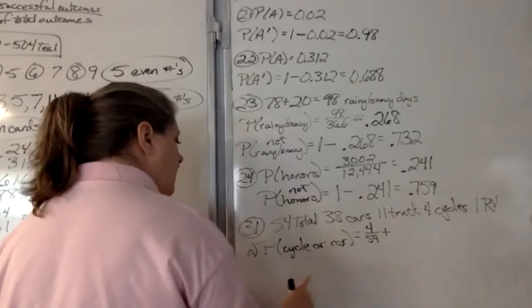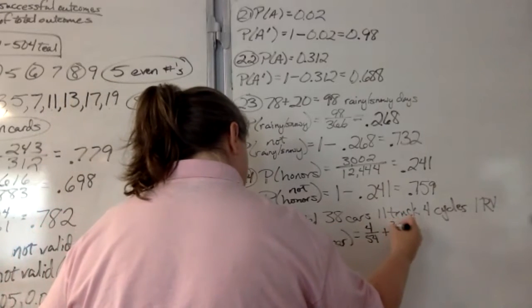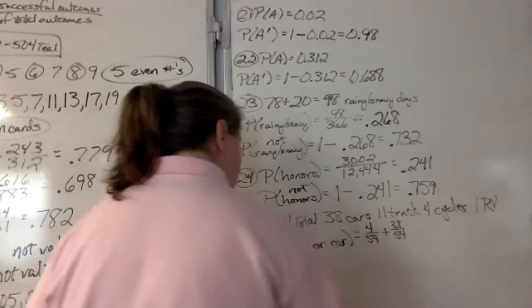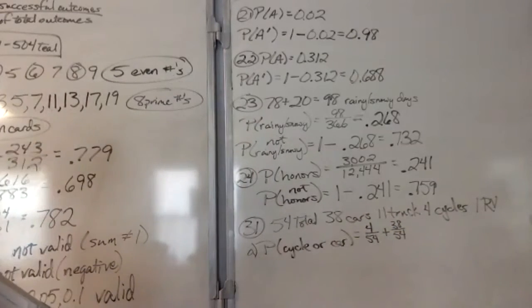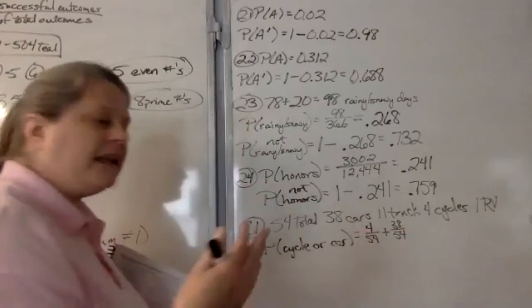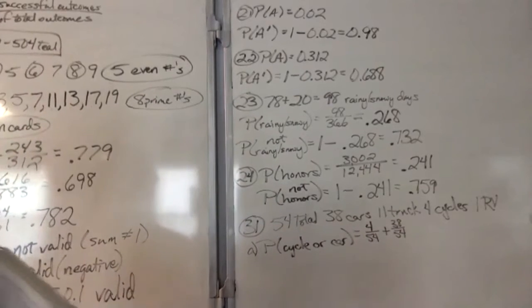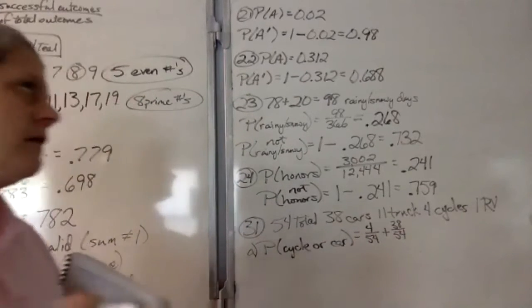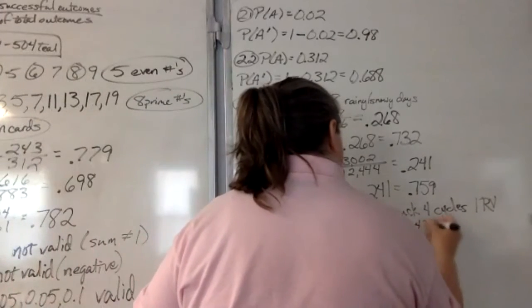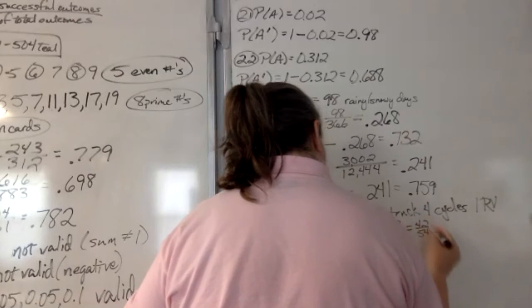How many are cars? 38. So 38 out of 54 are cars. So you're basically adding those together to get whether it was a motorcycle or a car. So 4 plus 38 is 42, so I got 42 over 54. Can I simplify that? Yeah.